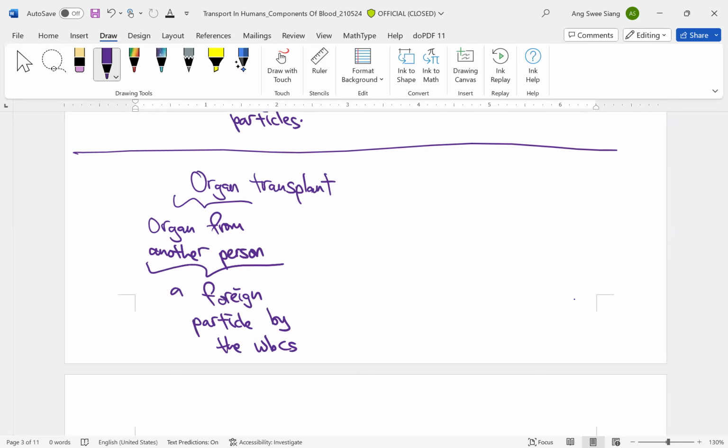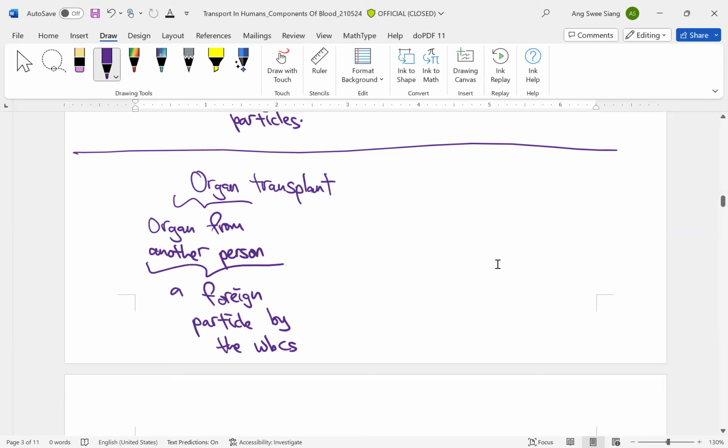They will detect the transplanted organ as a foreign object and start attacking. But in an organ transplant, you don't want the body to reject the organ. So usually during organ transplant surgery, the doctor will prescribe the patient some drugs to suppress their immune system, so that this tissue rejection will not occur.